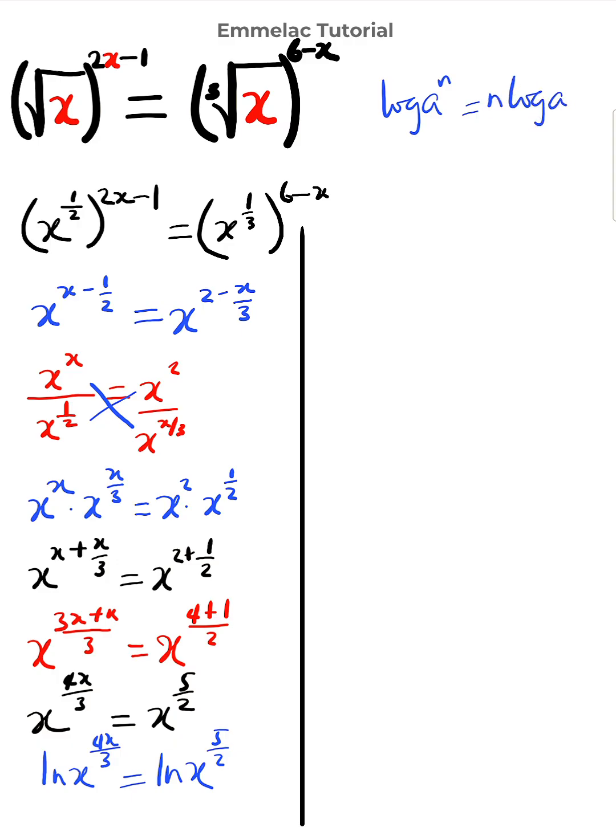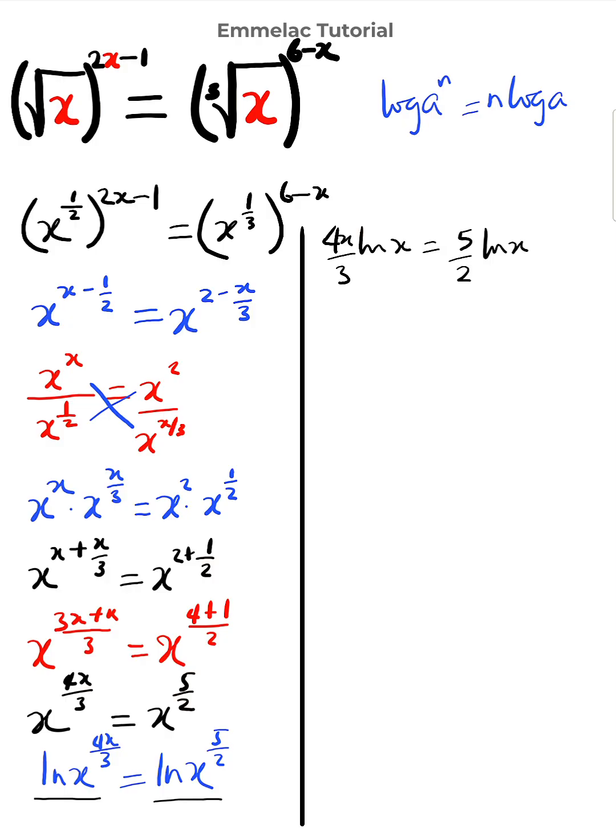Okay, if we apply that rule to both the left hand side and the right hand side, we end up having 4x all over 3, then ln x, then equals 5 all over 2 ln x.